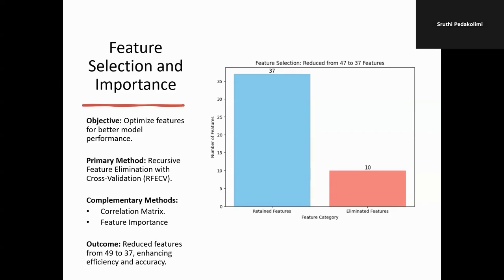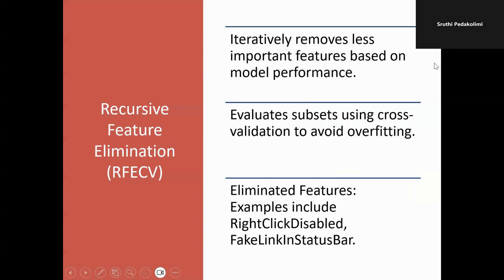This method works by iteratively removing the least important features and evaluating the model's performance at each step. The process continues until it meets the stopping condition, which is maximizing the cross validation score. To determine feature importance during the process, we use random forest. This approach allowed us to systematically reduce the original 49 features to 37, all without compromising the model's performance.